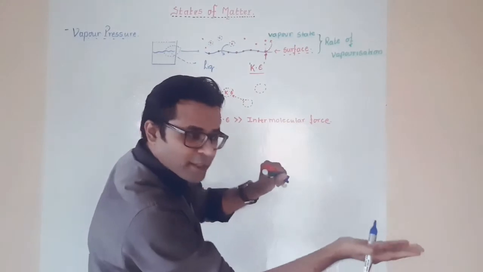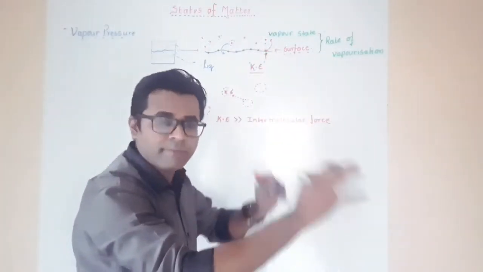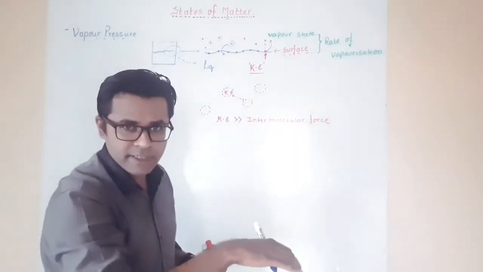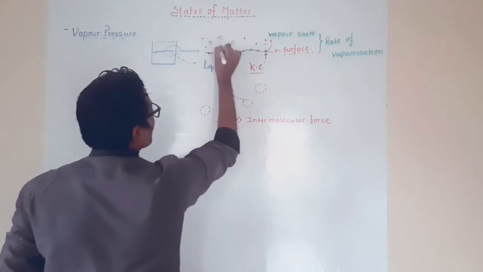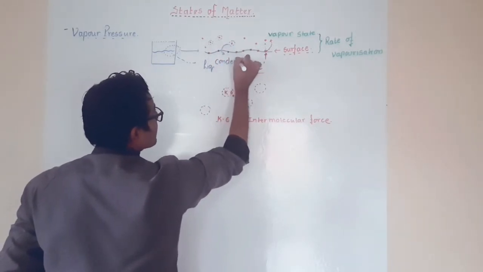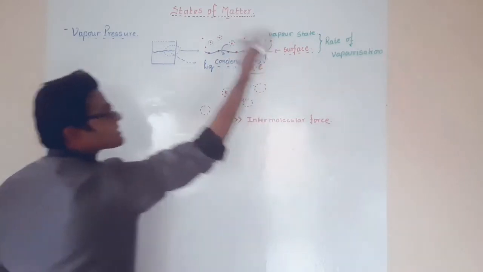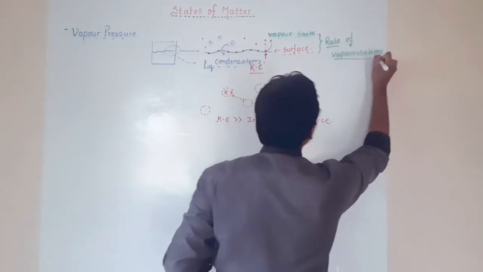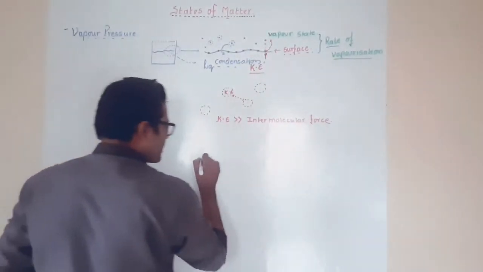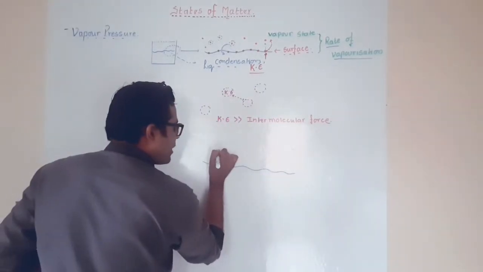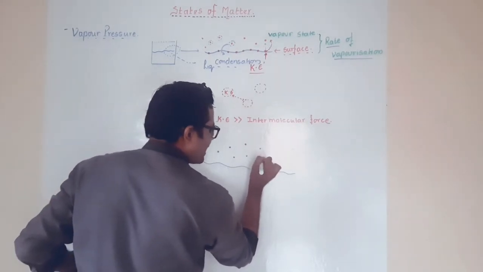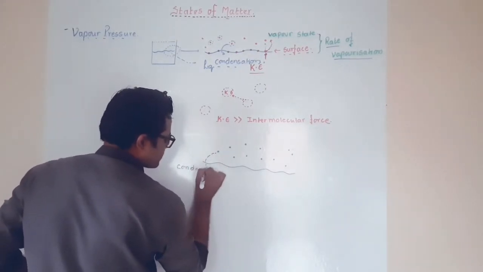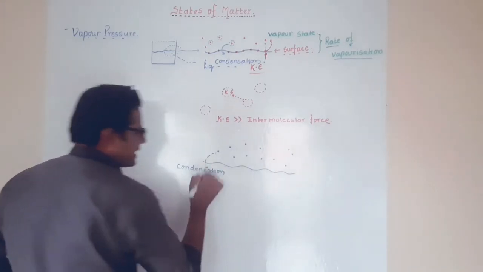Some of the molecules are going from the liquid state to the vapor state, and at the same time some of these molecules have the tendency to get associated back into the liquid. This process we call condensation.